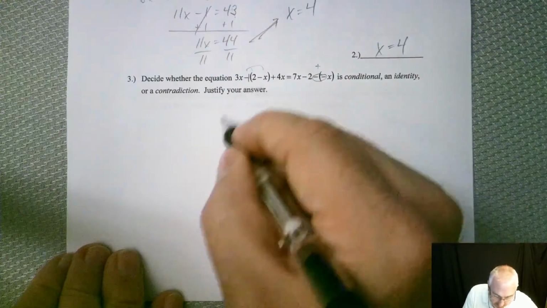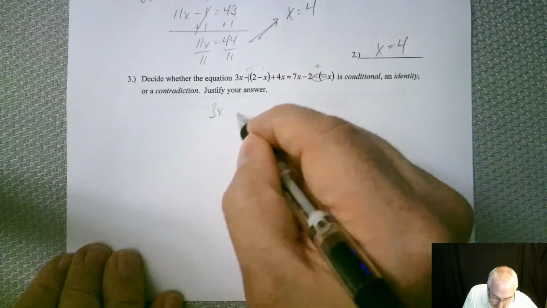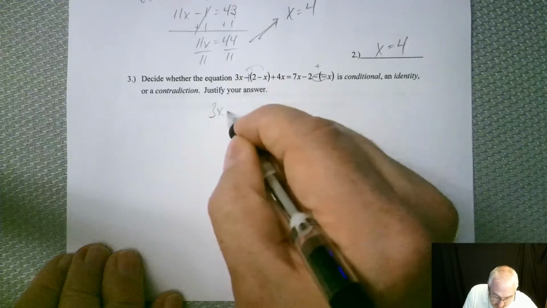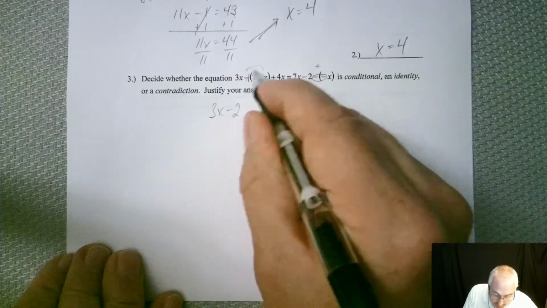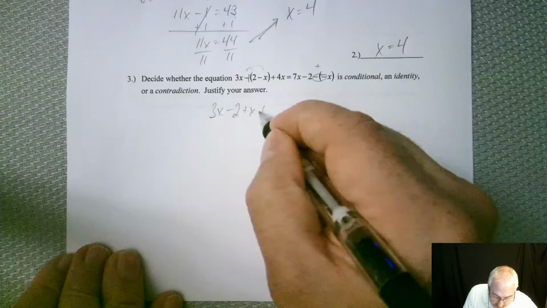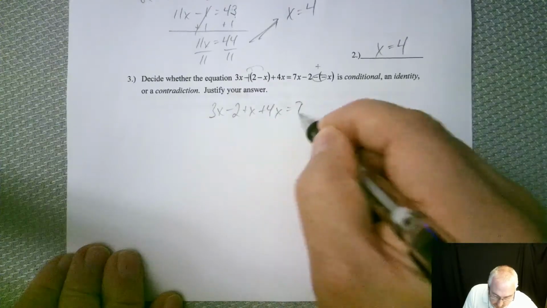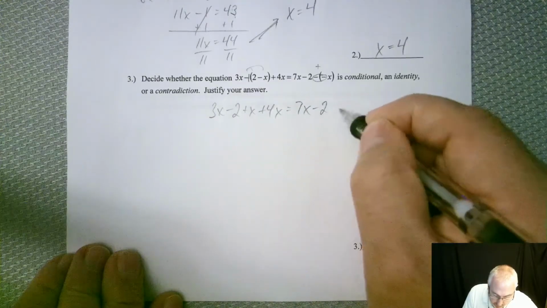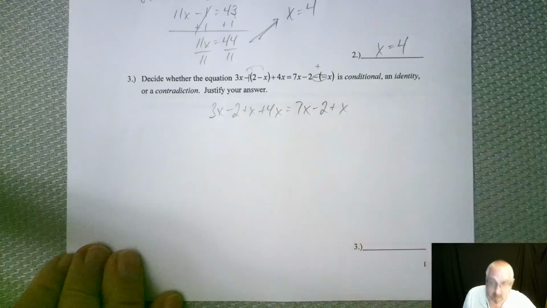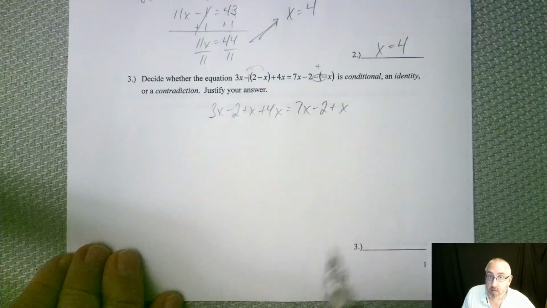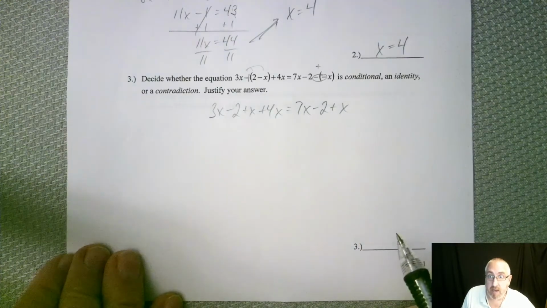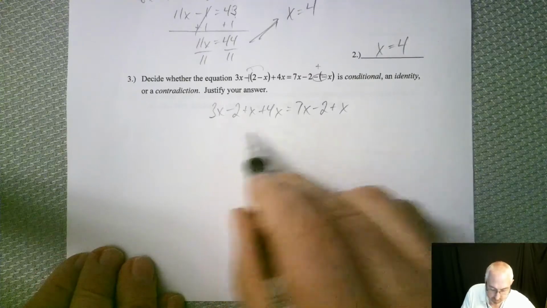So if we do that, we'll have our 3x, a minus 1 distributed in will give us a minus 2, plus the x, plus 4x equals 7x minus the 2 plus x. So that gets rid of all of our parentheses, and now we can combine.